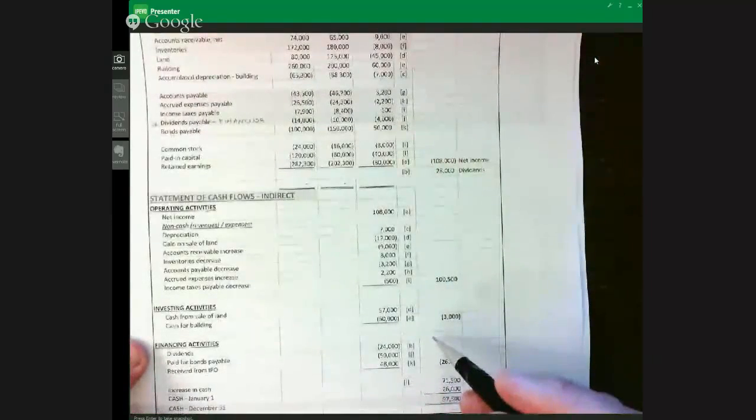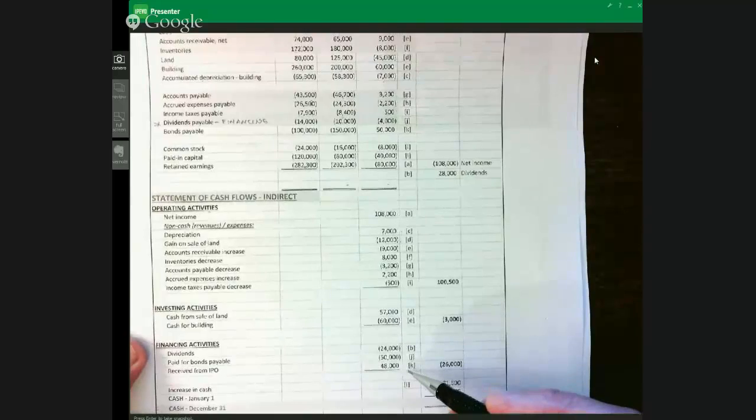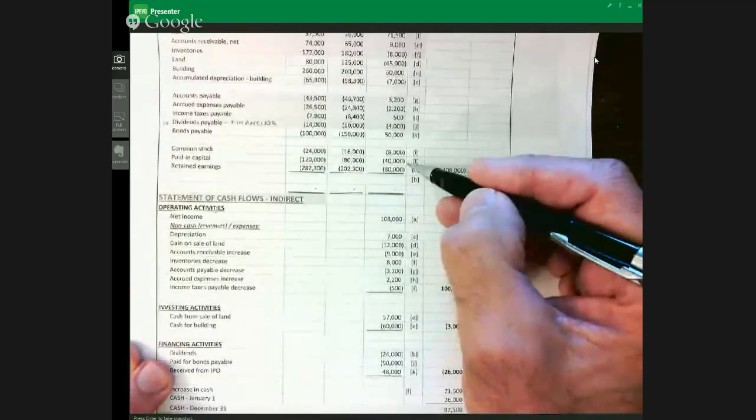The offsetting debit would be to a financing activity for common stock. Okay, now wait a minute. Here you see common stock, $48,000. What gives?